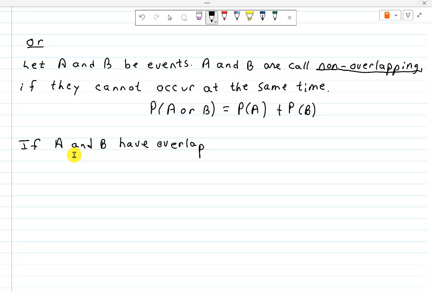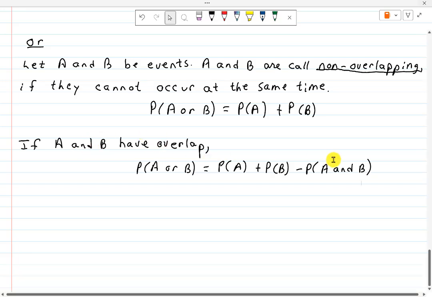Then the probability of A or B equals the probability of A plus the probability of B minus the probability of A and B. If A and B are non-overlapping, the probability of A and B equals 0 and it drops out anyway, and you end up with the first equation.